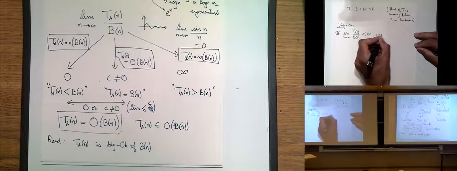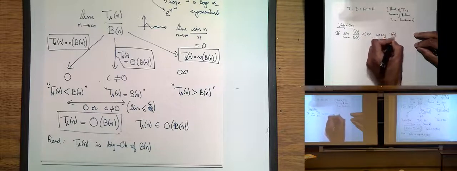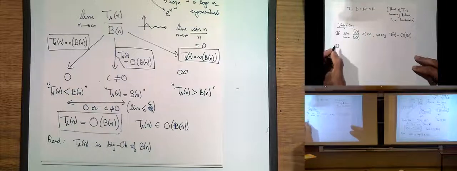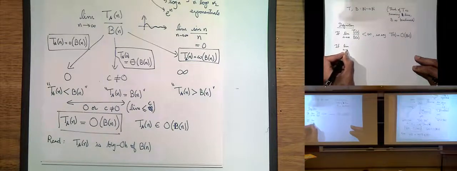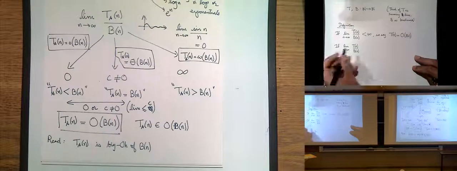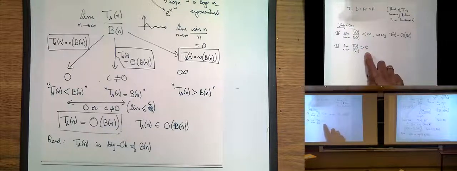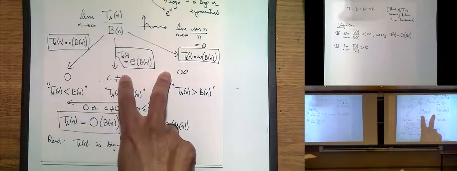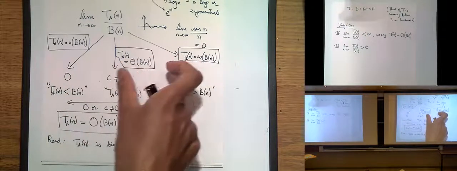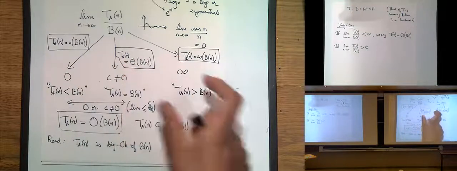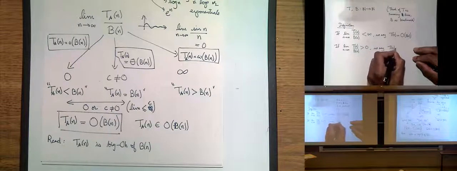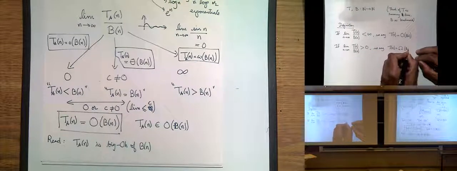Then we say T of n is big O of B of n. If the limit as n goes to infinity of T of n divided by B of n is greater than 0, it's not in this case, but it's in these cases. So there are three cases that can happen, but you can group them into pairs. Then we say T of n is big omega of B of n.